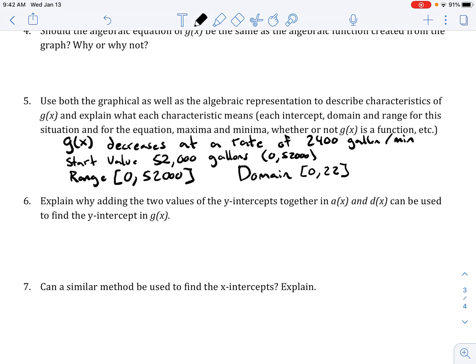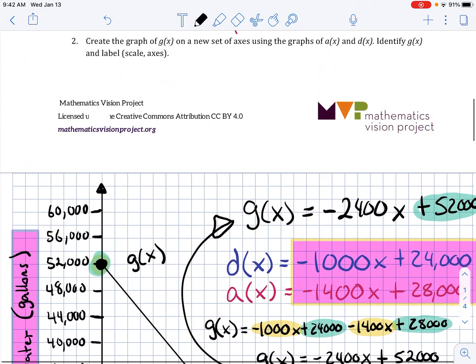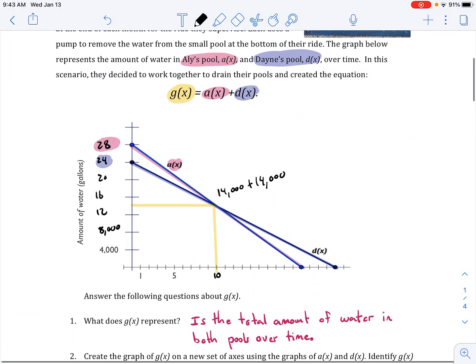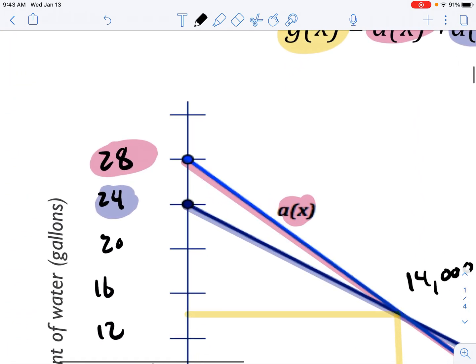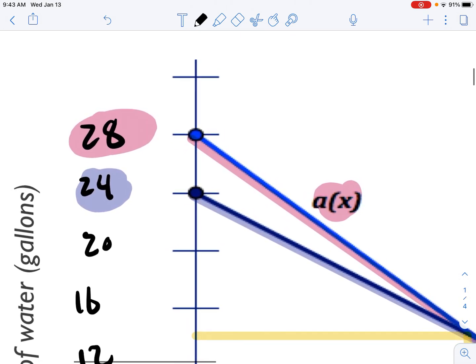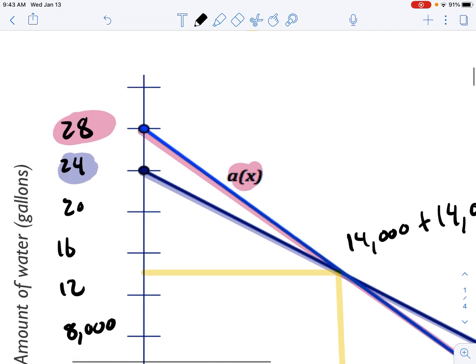It says, explain why adding the two values of the y-intercepts together in a of x and d of x can be used to find the y-intercept in g of x. A of x and d of x represent the starting value. So in this equation, if Dane starts with 24,000 and Allie starts with 28,000, then together they have to start with those combined 52,000.